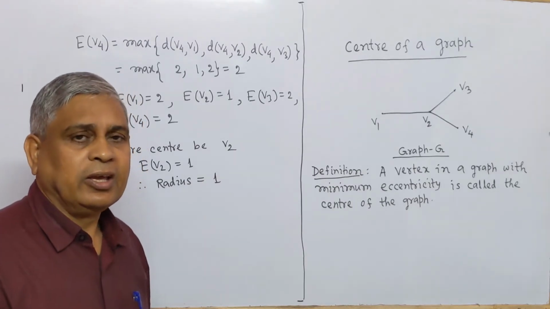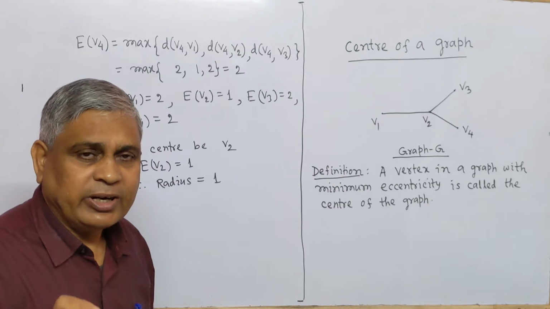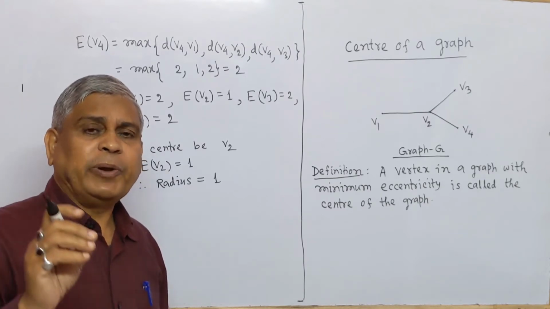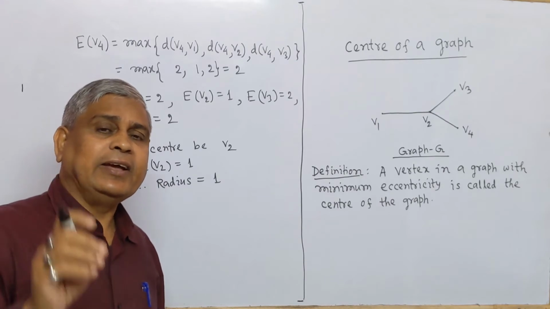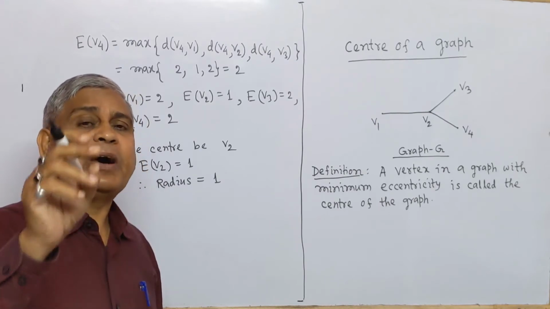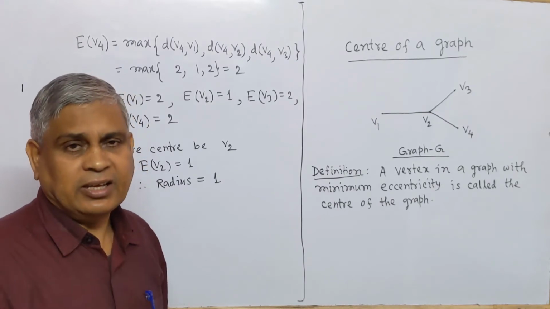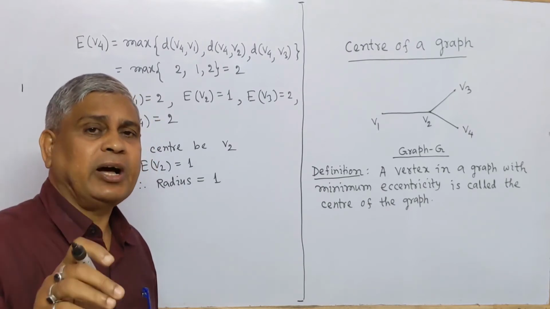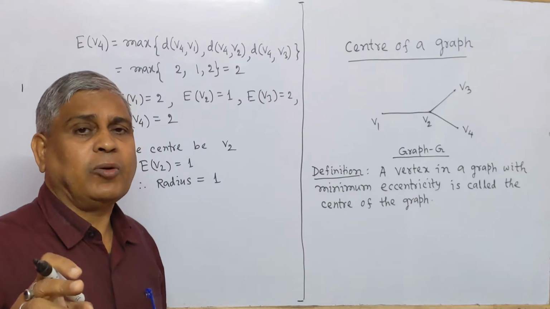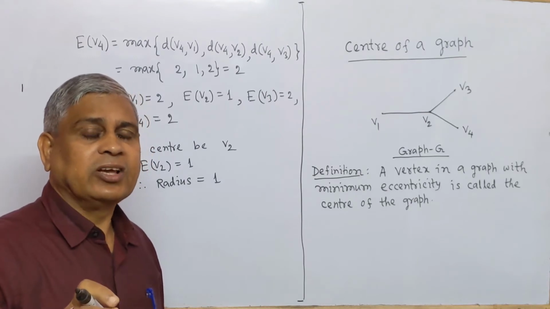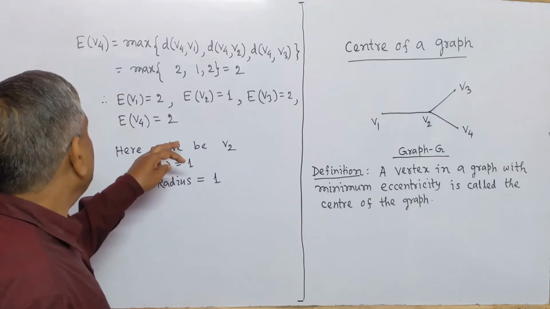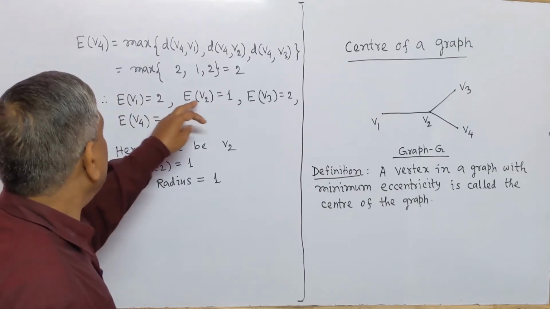Also we use the term diameter of the tree. Diameter of a tree is the length of the longest path in the tree. That is the value of the maximum eccentricity of a vertex is called diameter of the tree. Here maximum eccentricity is 2.